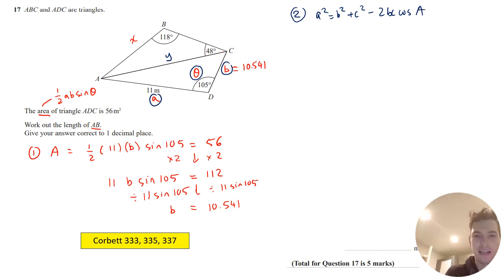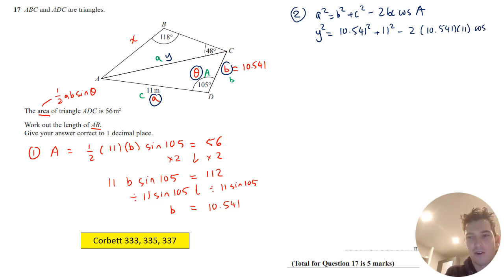And let's label on the sides. A is the side opposite the angle. That big A is the angle. And then B and C are the other two sides. So I've got y squared equals 10.541 squared plus 11 squared minus 2 times B times C times cos 105.